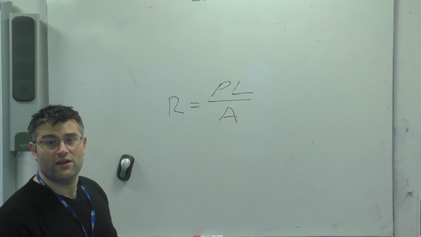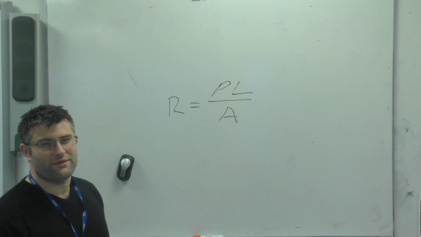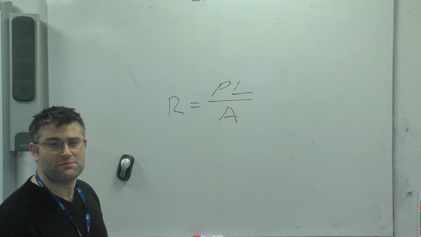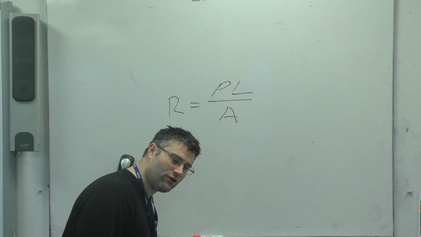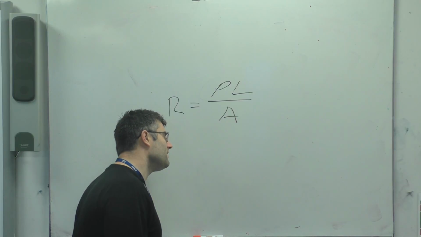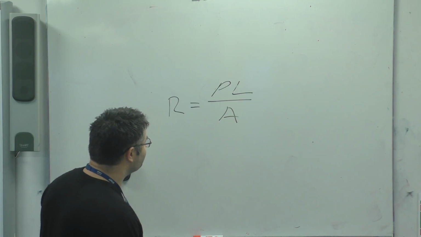That is resistivity. Now you might be thinking, oh wait a minute, rho, slanty p, we're using it for something else. We're going to use it for resistivity in this case, so something to watch out for.